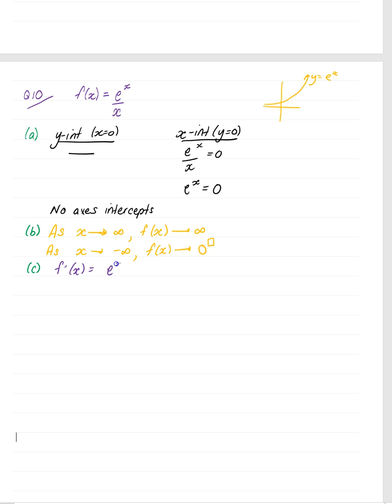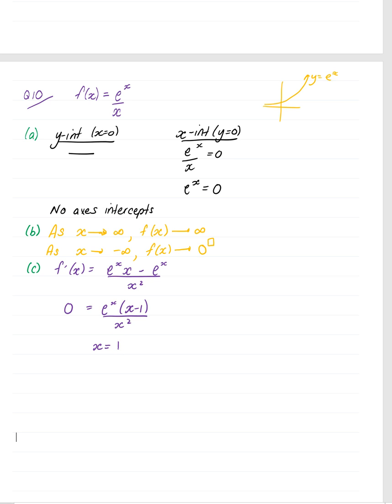The derivative of e to the x is e to the x, times the function downstairs, minus the first function, e to the x, times the derivative of the second function, which is 1, all divided by the function at the bottom squared. We've played enough with e's now to realize the common factor, so we'll pull that out: e to the x times (x minus 1) all over x squared. We're solving for this equals 0, so we just need to solve the top line, and that will only happen when x equals 1.